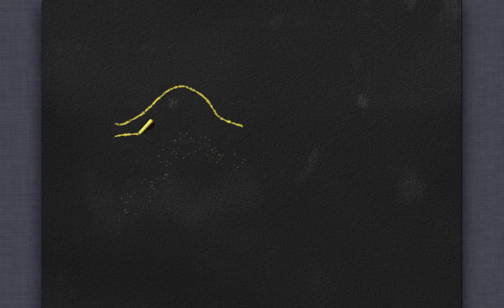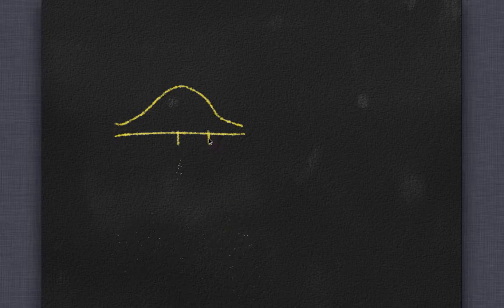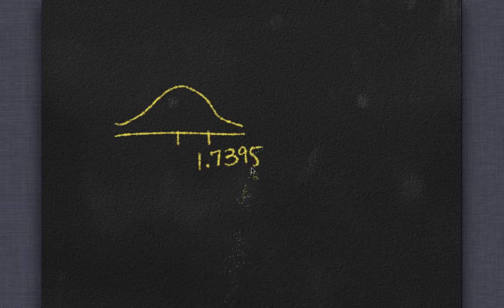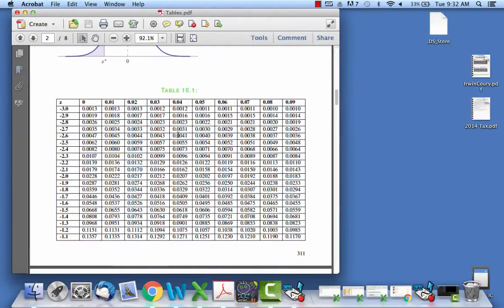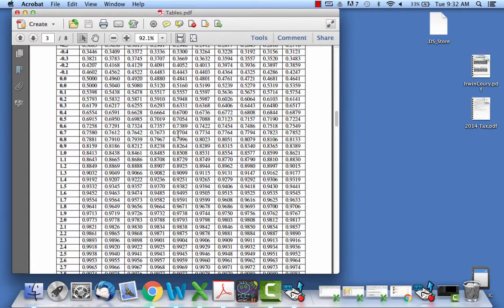So if I wanted to know, let's say I think it was 1.7395, I want to know this, and then I would look up 1.74, 1.70, 1, 2, 3, 4, and it's 0.9591.